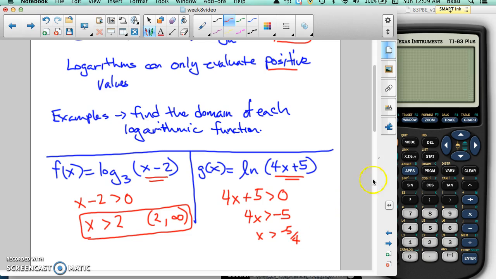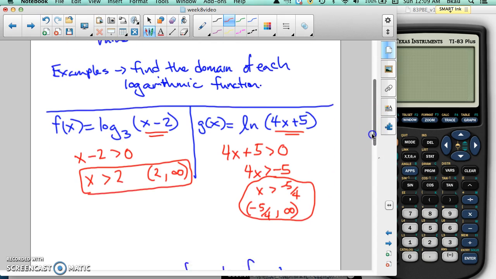So x has to be greater than -5/4, or your interval would be -5/4 to infinity. This would be your domain of the second function.